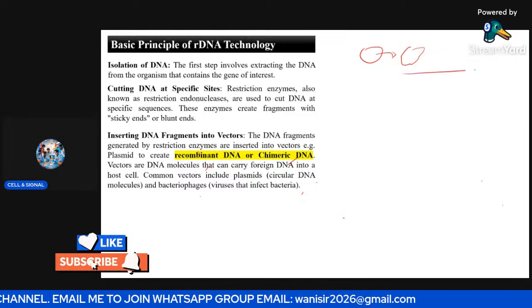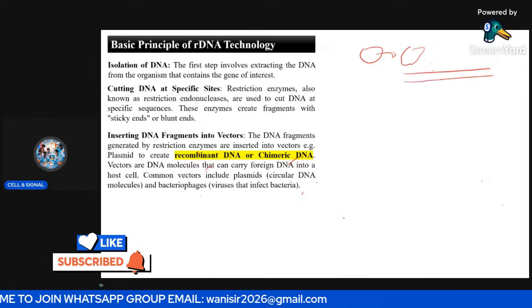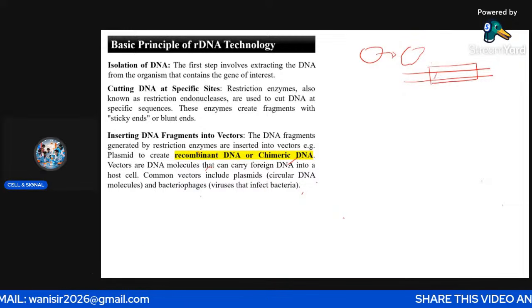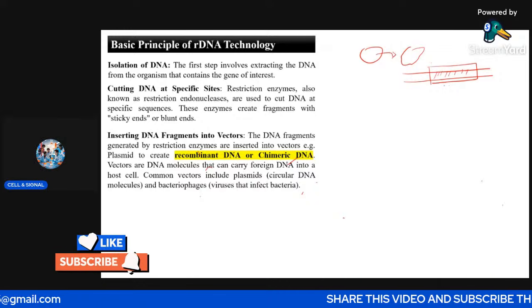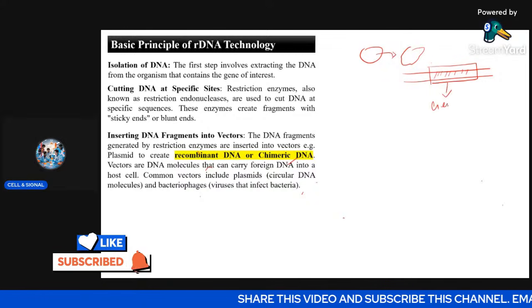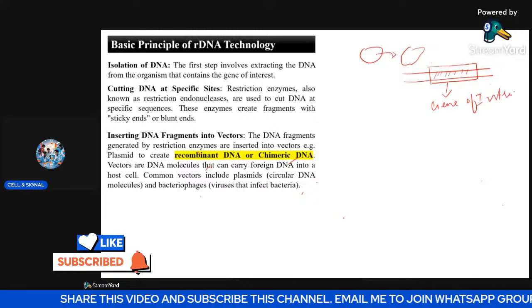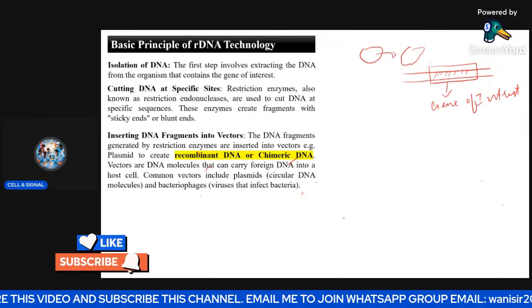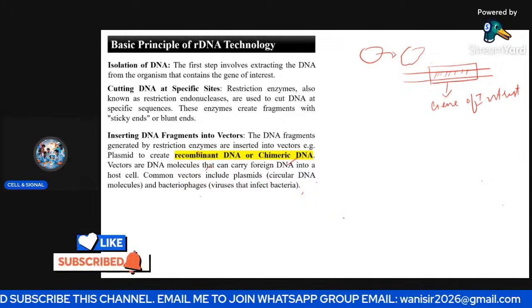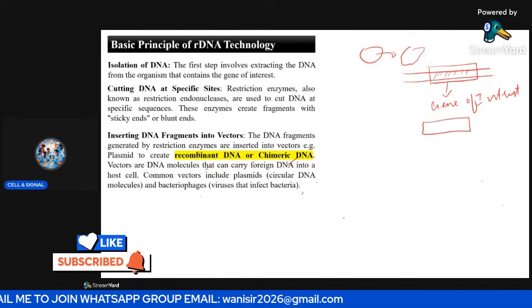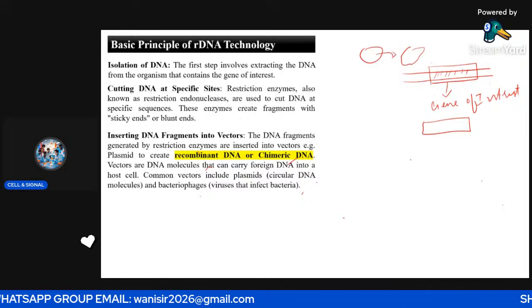And that DNA, by using the restriction endonucleases, we cut at the specific site, and we got the gene of interest. This is the gene of interest. Now we got this gene of interest by using the restriction endonucleases.